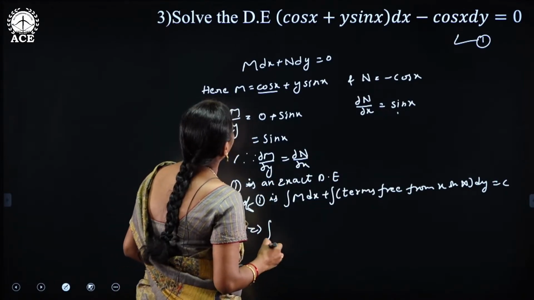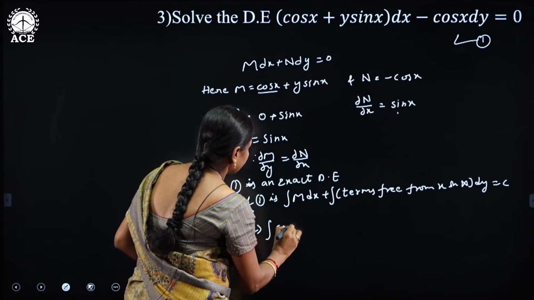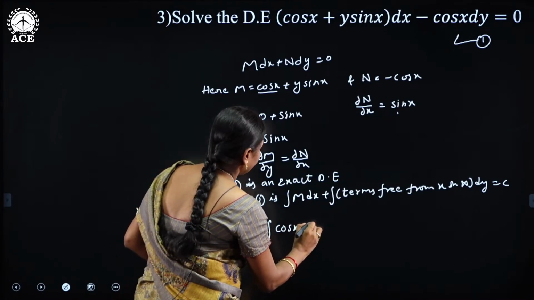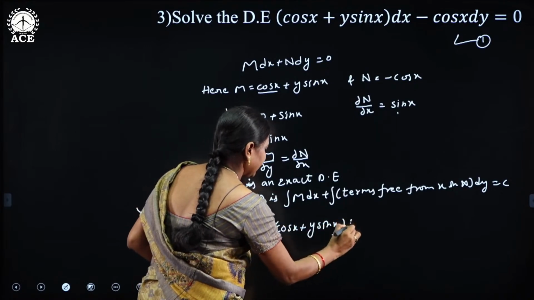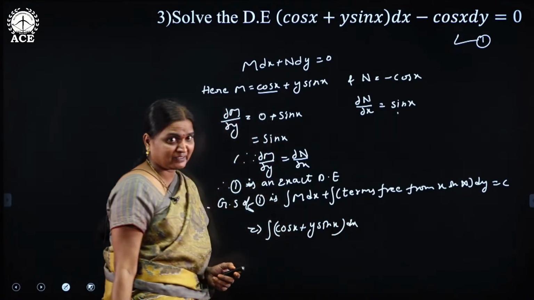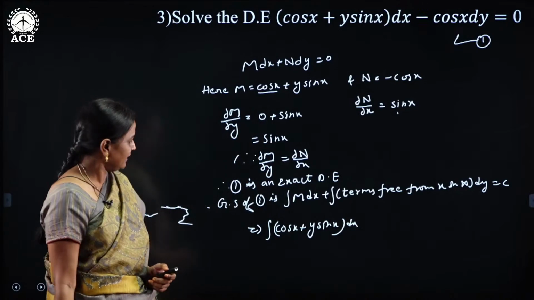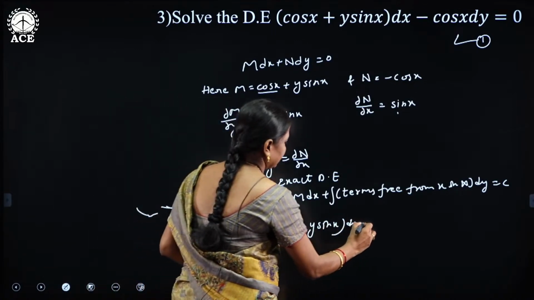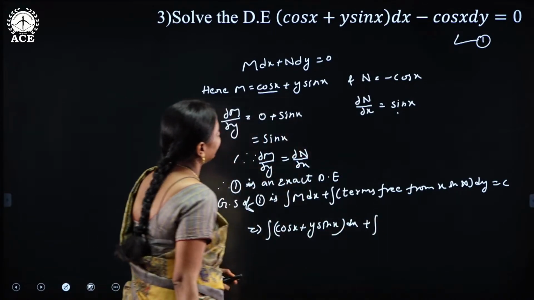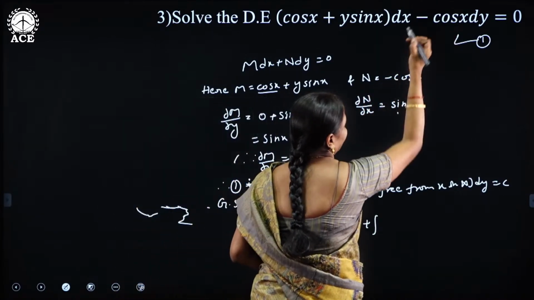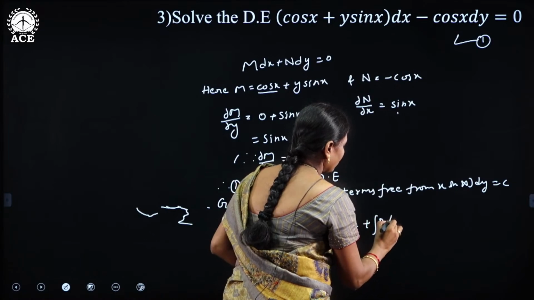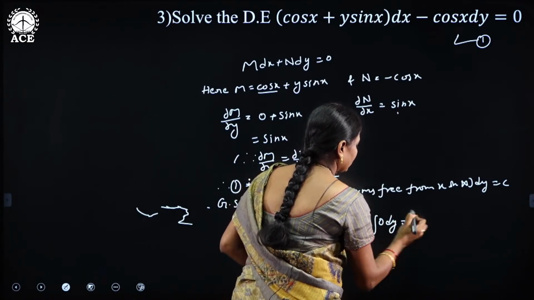M is equal to cos x plus y into sin x. Observe clearly here, the first integration is performed with respect to x and treat y as a constant, plus terms free from x in N into dy. So there are no terms free from x, so that is 0 into dy is equal to c.